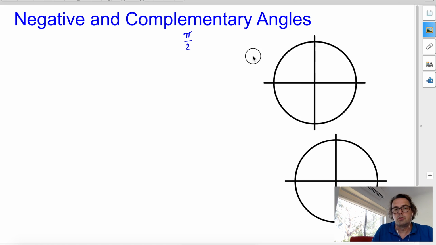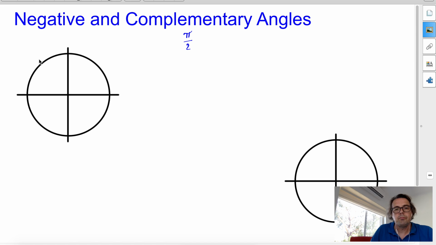So let's have a look what happens when I have an angle here, which is theta, and I take this theta away from pi over 2. So I take this distance away there, I get this angle.